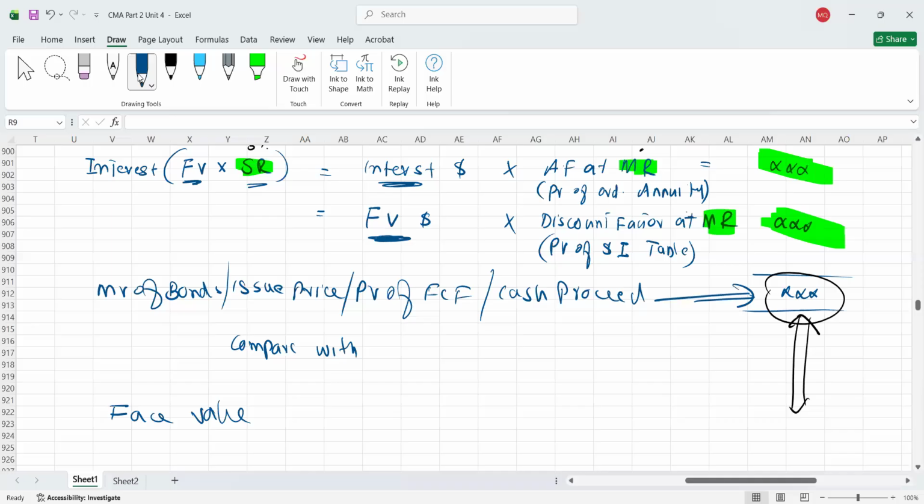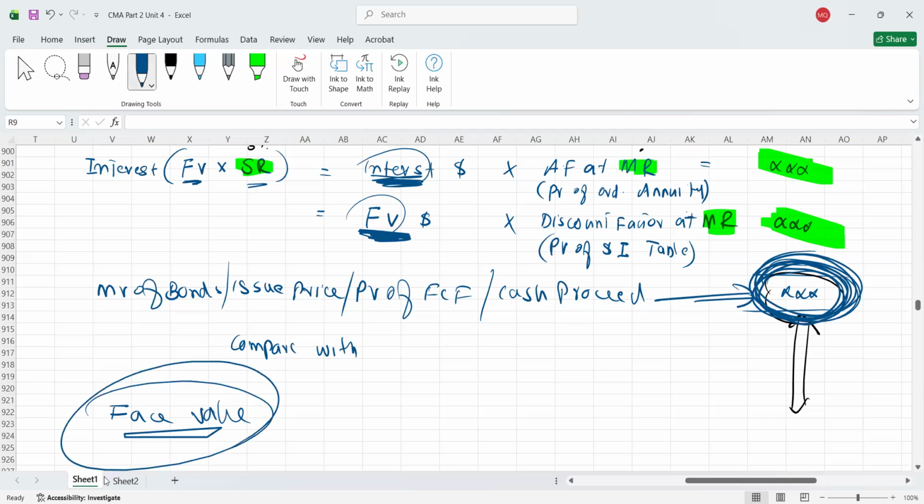Because I told you the rule: if you use interest for one bond, you should use the face value of one bond. So it will give you the present value of one bond, or market value of one bond, or issue price of one bond. And if it is one bond, then you have to take the face value per bond also when you compare. If it is total, like for example if you have used total interest and total face value, this is the total value of bonds, then you should take the total face value here.